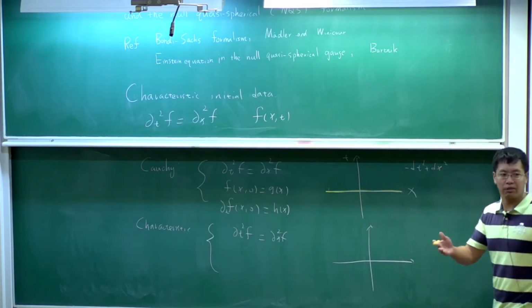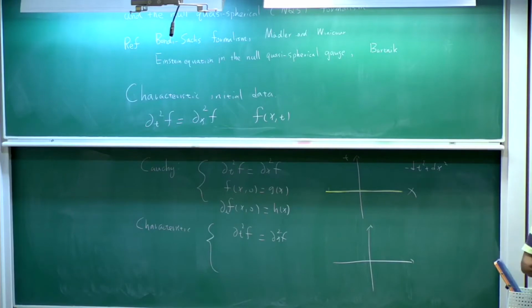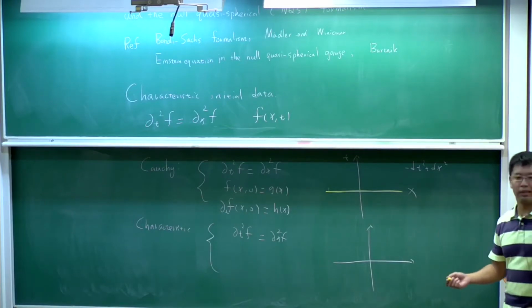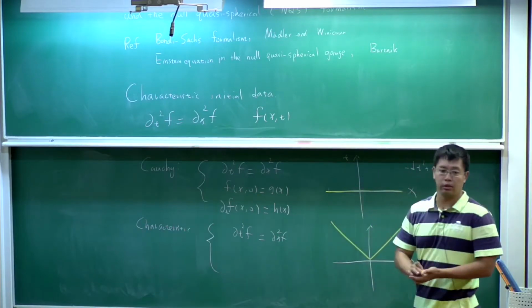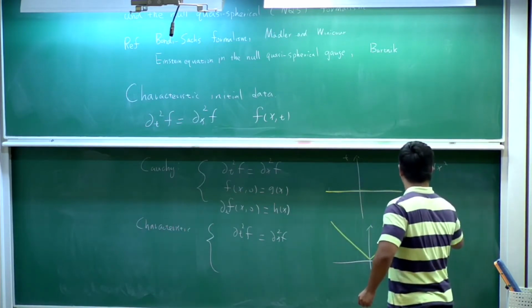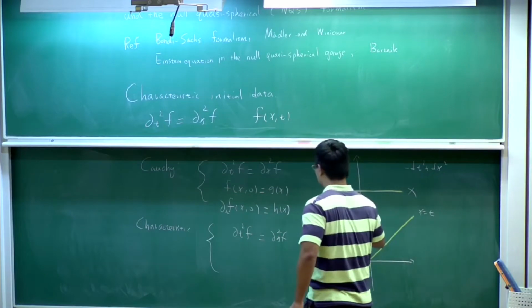In this case, null hypersurfaces are lines that go with slope 1 or minus 1. The simple way is to assign them here and here: x equals t, x equals minus t.